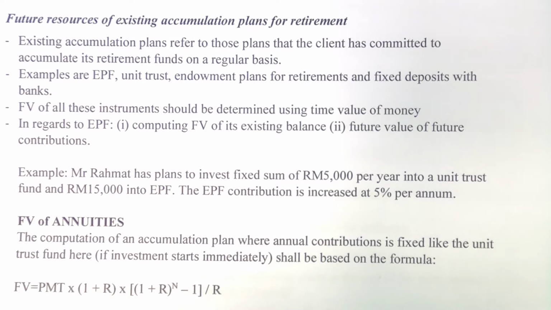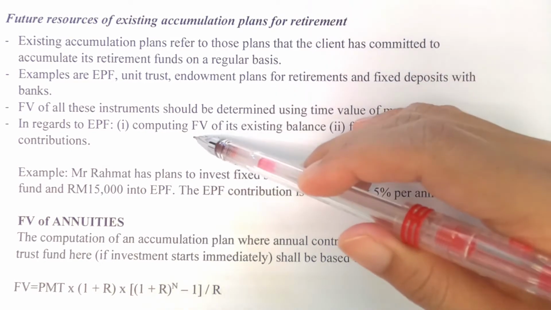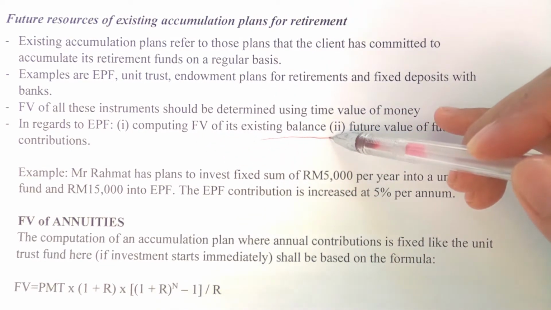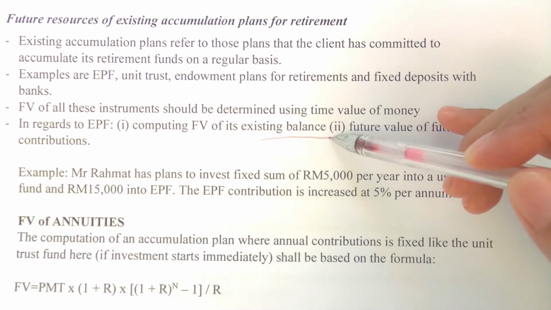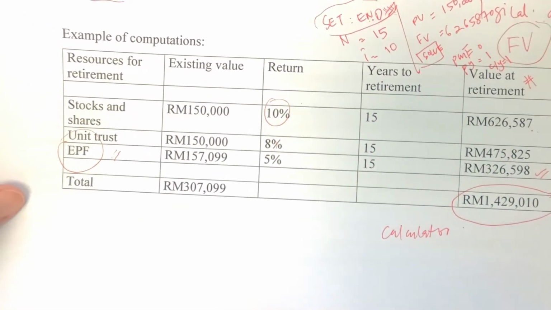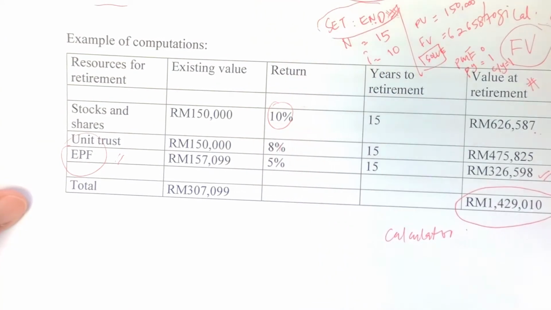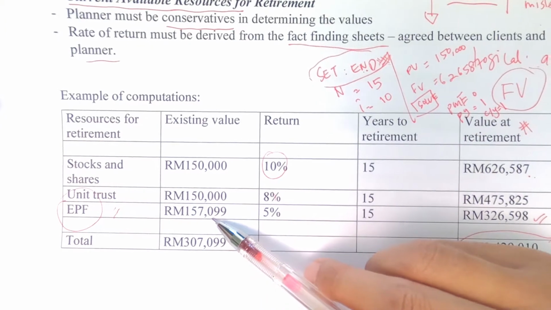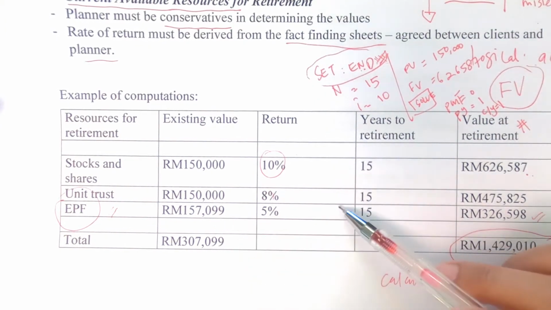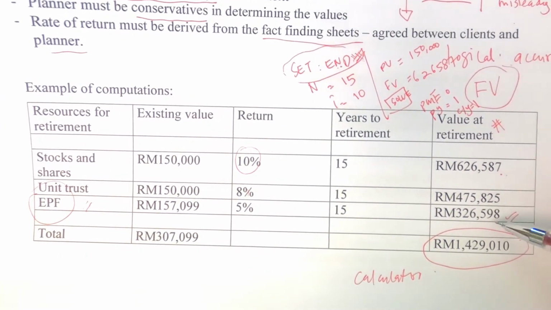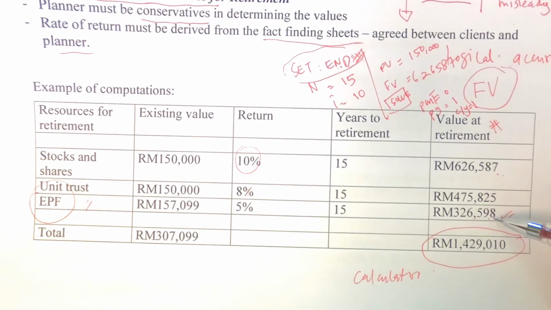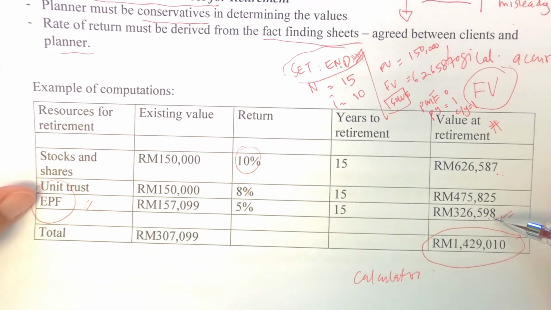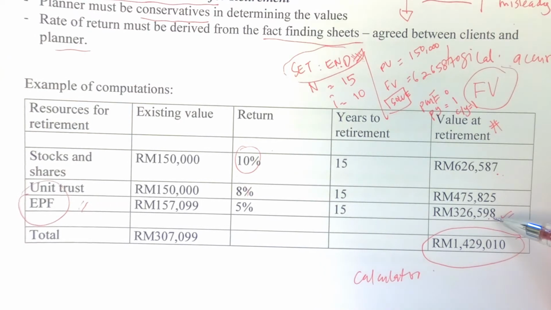So in regards to EPF, for example, we have to compute the FV of its existing balance. This is what we did here in the current available resources, or existing resources. For EPF, we already computed the existing value and calculated the future value of the current EPF, that is 326,598.